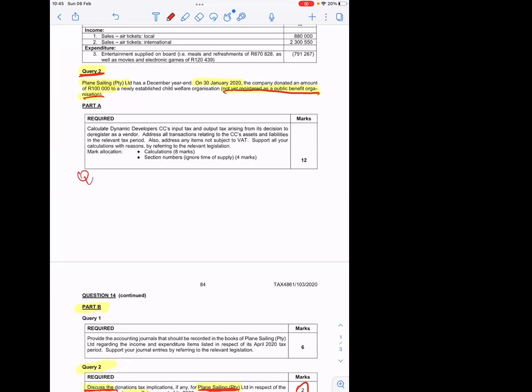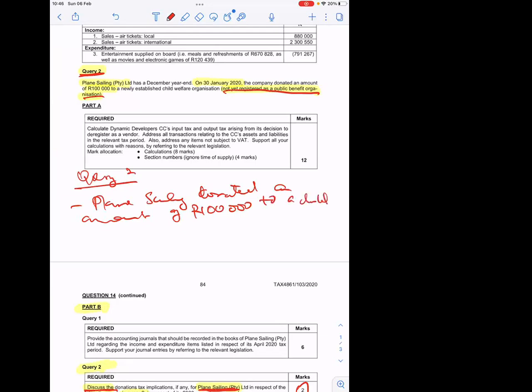Start by stating the obvious, which is Plain Sailing donated an amount of 100,000 to a child welfare organization, which is not a public benefit organization. This is very key, right?